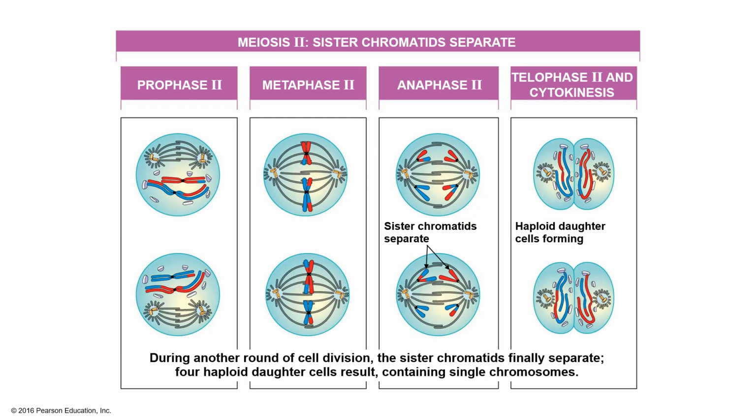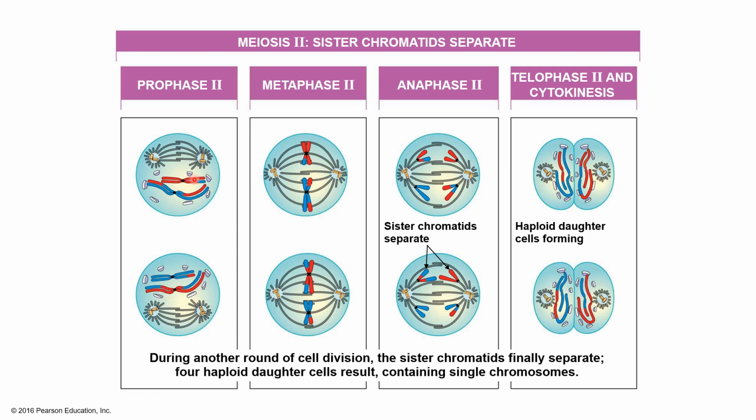Okay, so after we have gone through the first division and we ended up with two daughter cells, here they are, and you can see that each daughter cell is now haploid because instead of having 4 chromosomes, now each daughter cell only has 2.